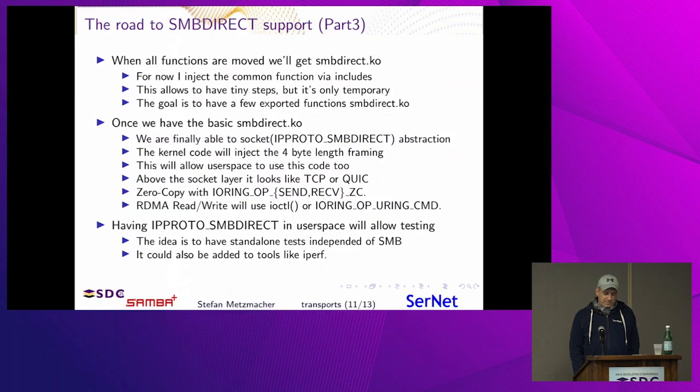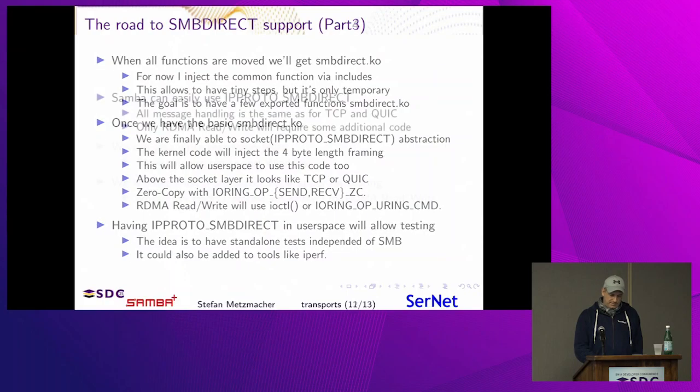So if someone wants to do modifications to the code, we can just run the test suite and we'll be able to see that it will still work. And we could even add it to tools like iPerf or so, in order to measure the low-level speed of the transport.